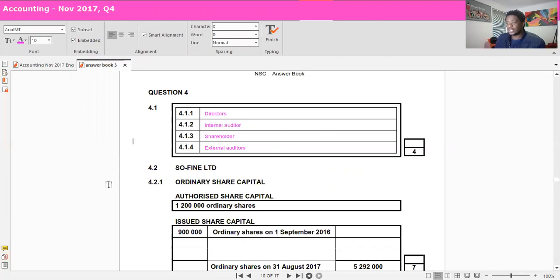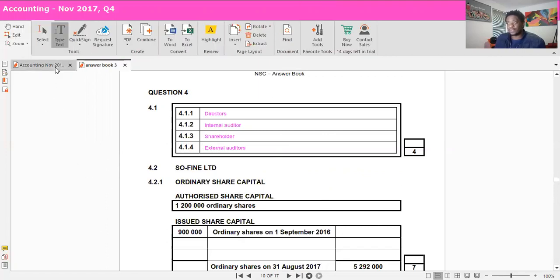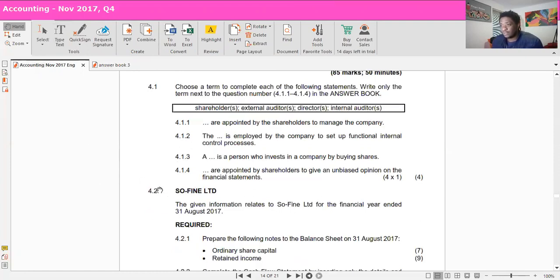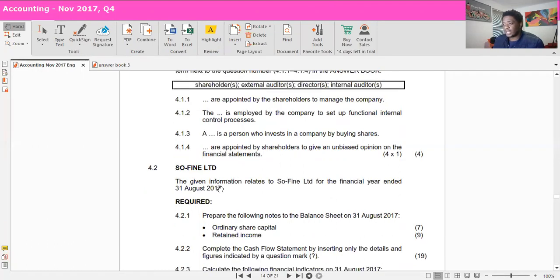And then let's move into something that is a little bit more of a calculation. We have a business presented here called SoFi Limited. The given information relates to SoFi Limited for the financial year ended 31 August 2017. That means the financial year began on the 1st of September 2016, so it's very important to note that.